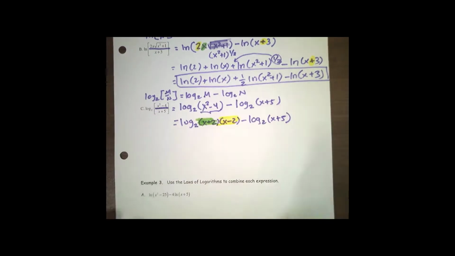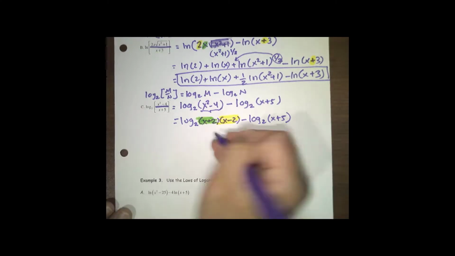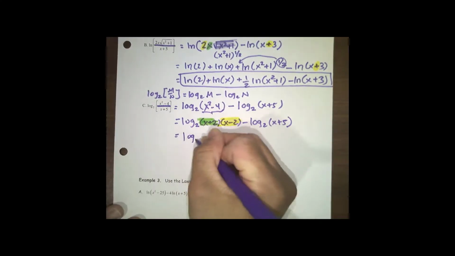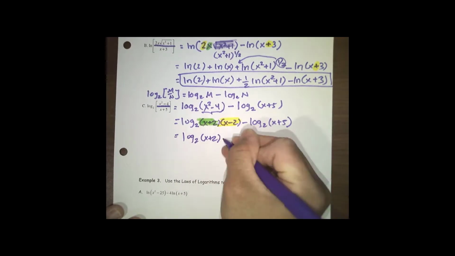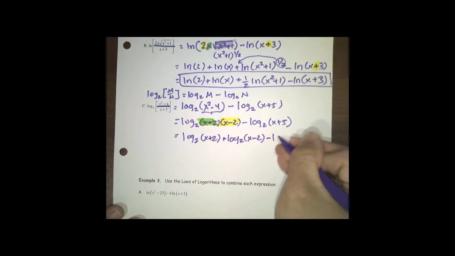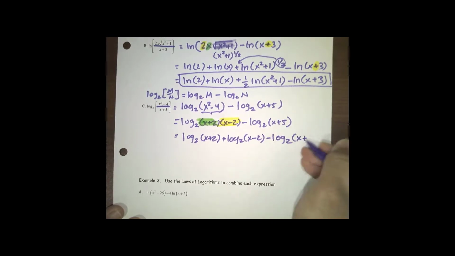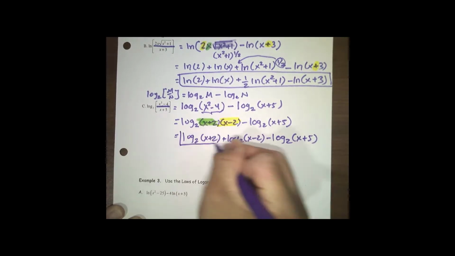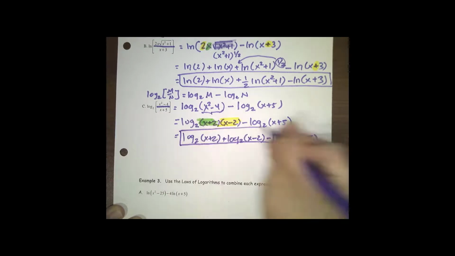So I can split this up again using the product rule for logarithms. So this will end up being log base 2 of x plus 2 plus log base 2 of x minus 2 minus log base 2 of x plus 5. All right, what a time to be alive.